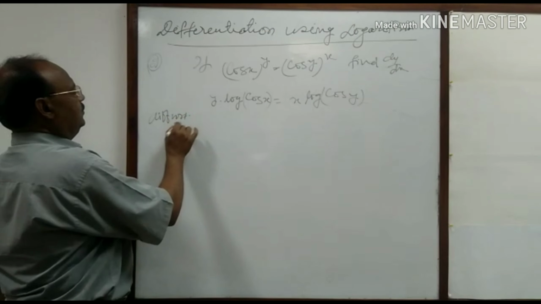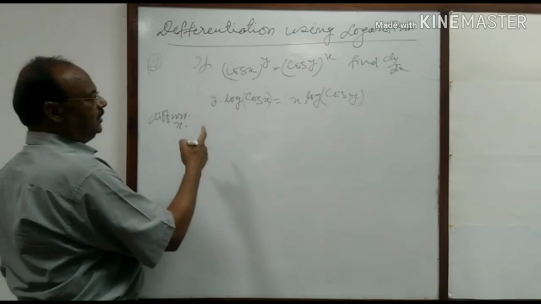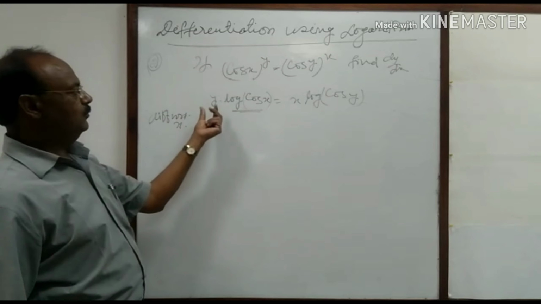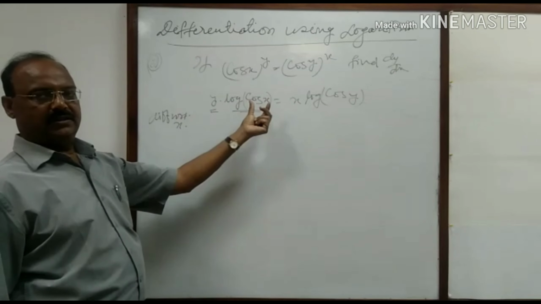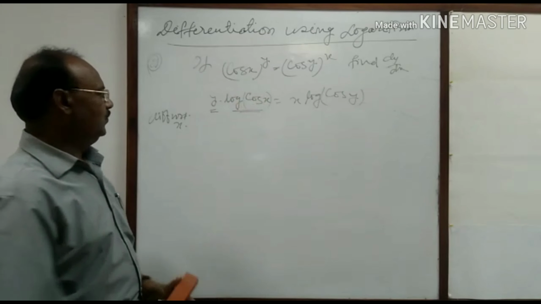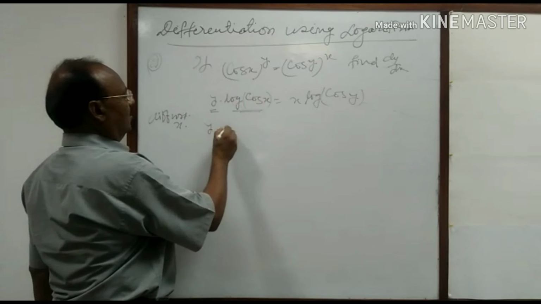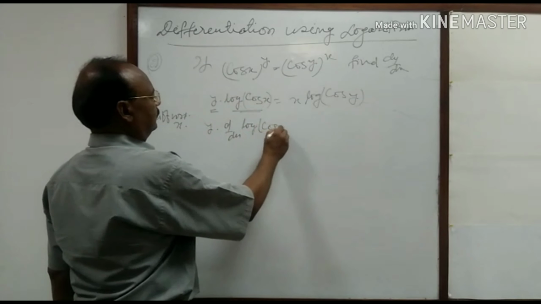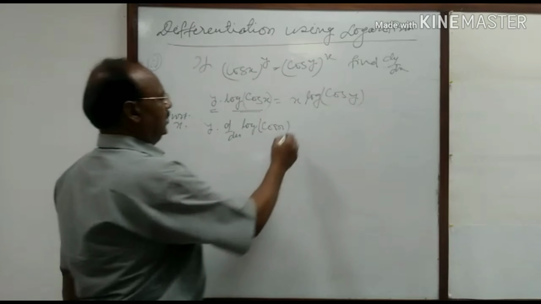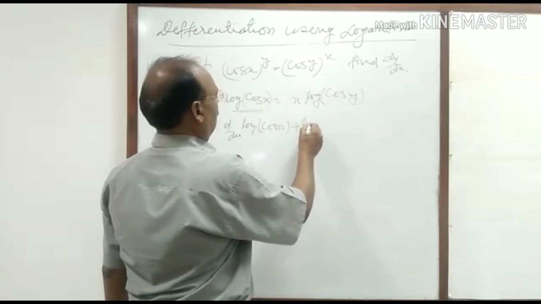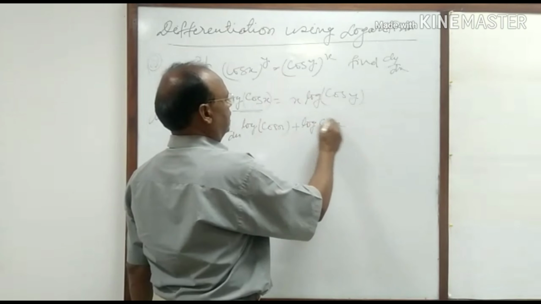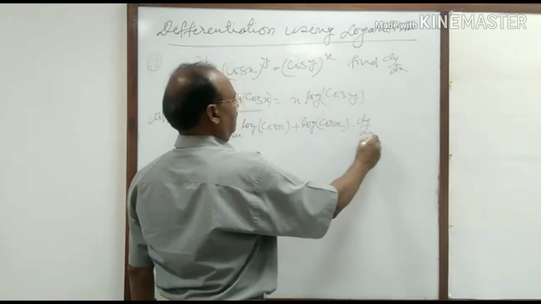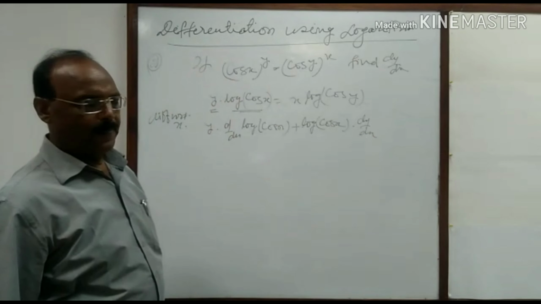Differentiating with respect to x, we can use the product rule here. There is a product of two functions, y and log of cos x. So first function, y, into derivative of second function, log cos x, plus second function, log of cos x, into derivative of first function, that means derivative of y, dy by dx.